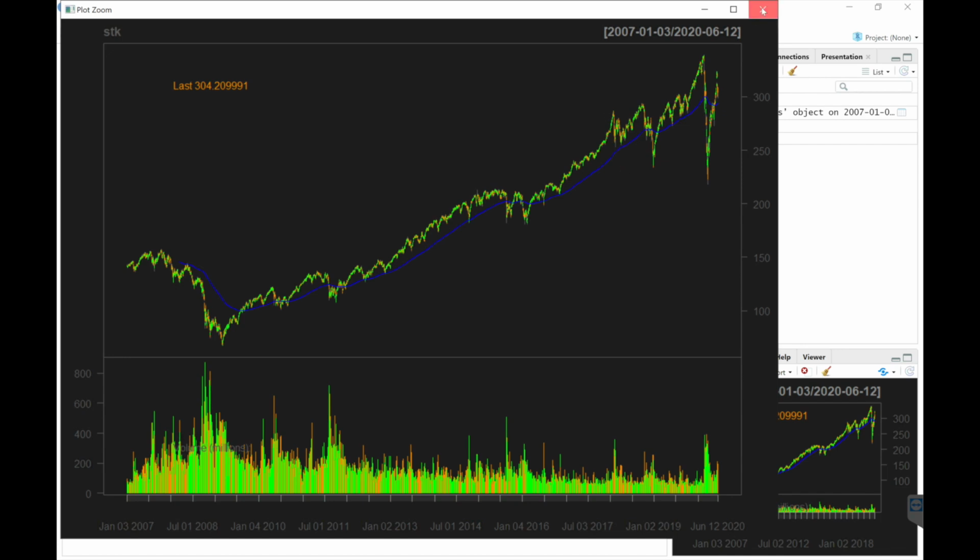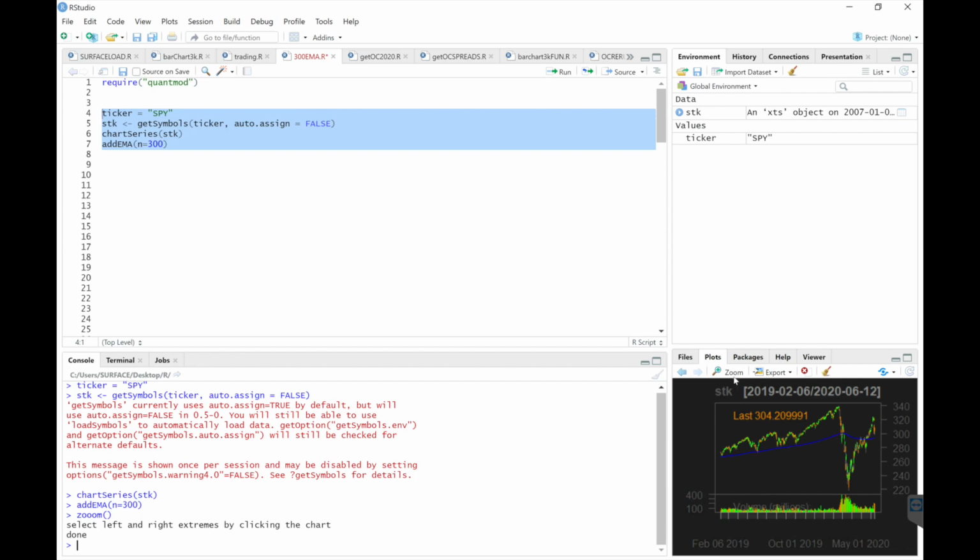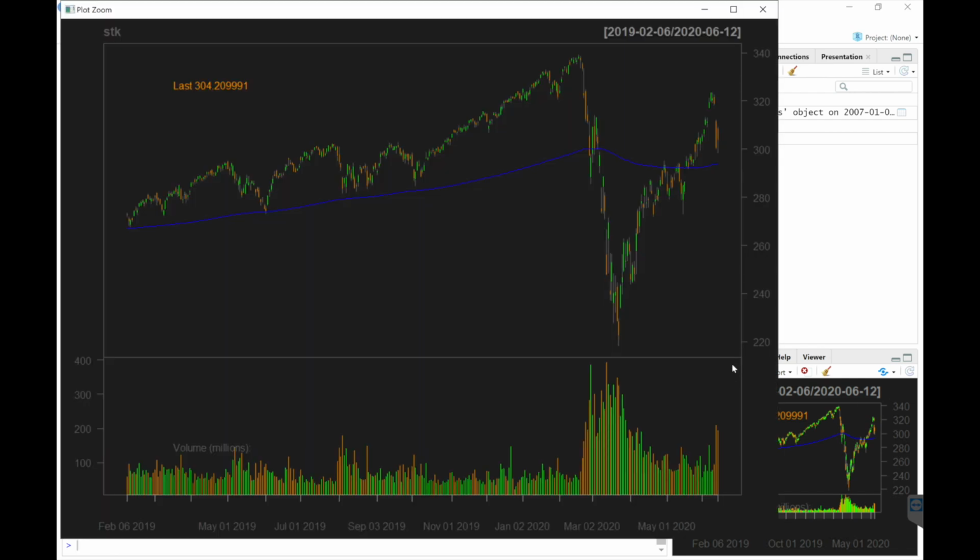Let's zoom in a little bit. So here we see it move away from the exponential moving average, and due to what's going on, it crashed and crossed it.